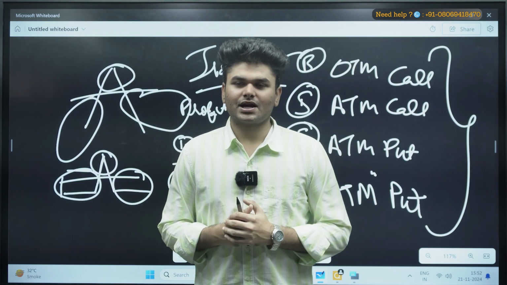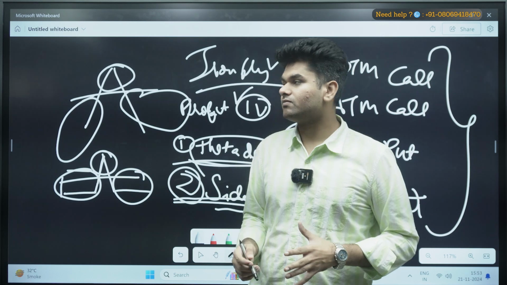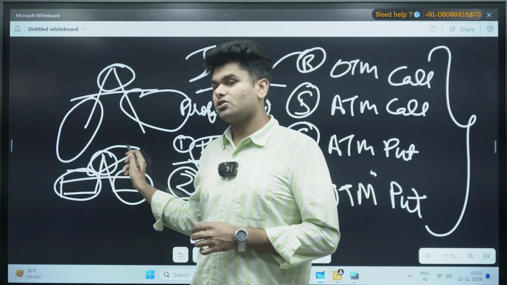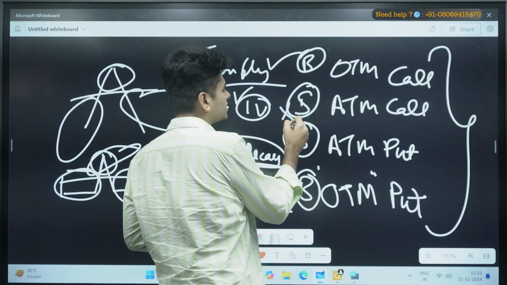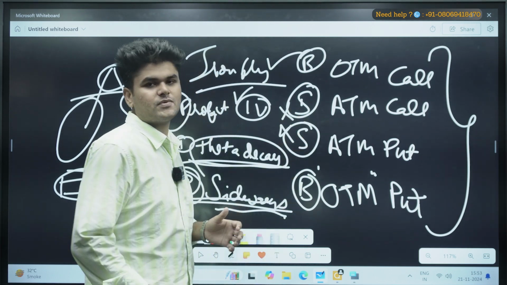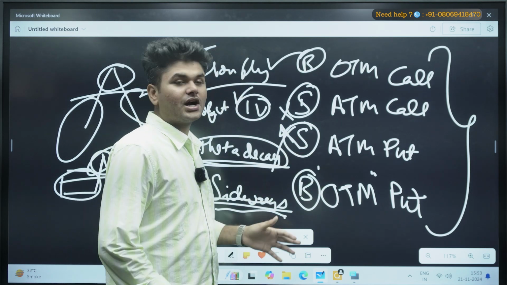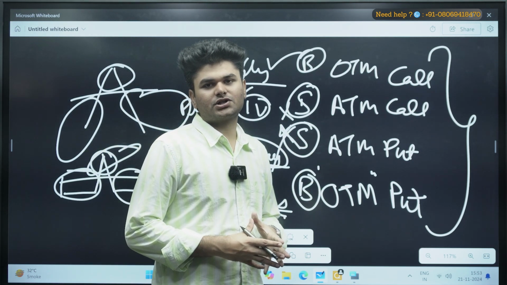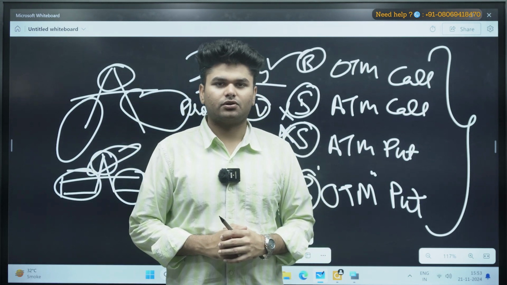And second thing is that if your position is being threatened by your short position, you can adjust it also. Let's just suppose either of the sell positions is threatening your particular strategy, so you can square it off and go for the other particular strike. So this way you can adjust the strategy also, right?